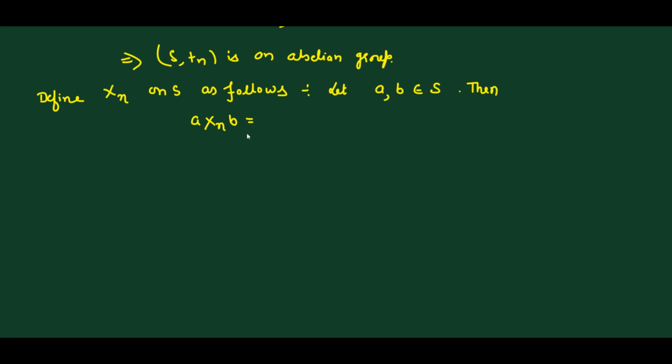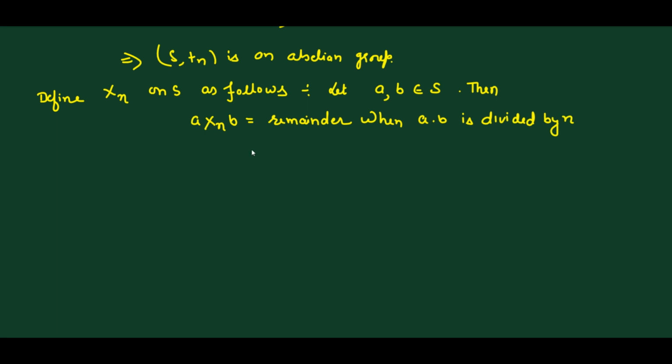So what is this operation? This will give you the remainder when a multiplied by b is divided by n. I will show that it will be a binary operation on S.